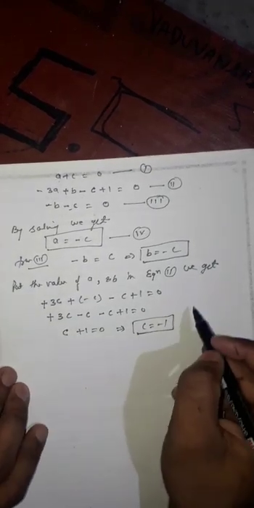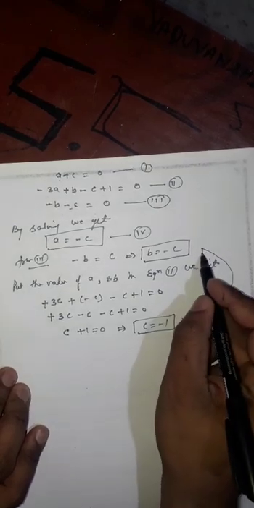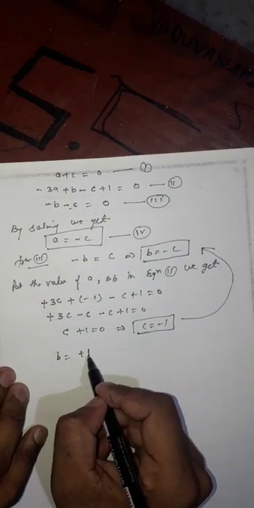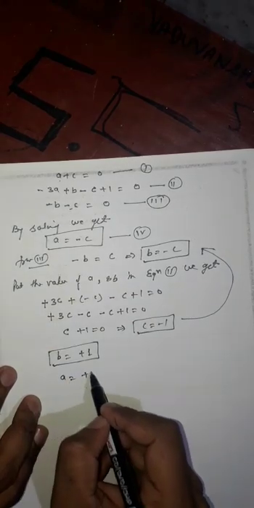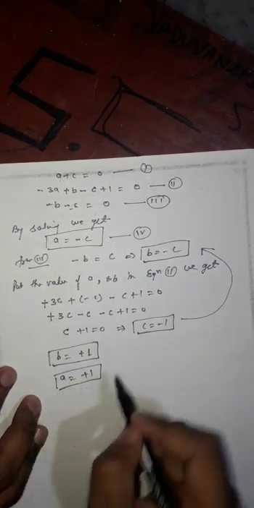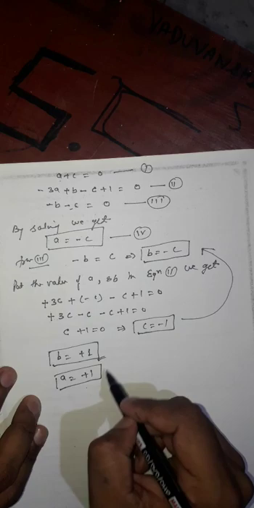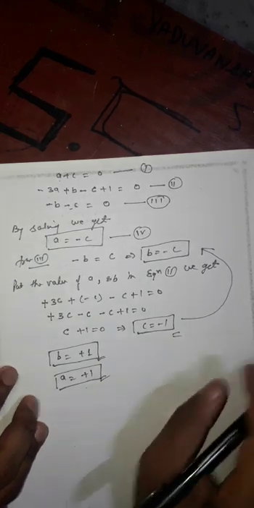Put the value of c: then b is equal to plus 1, and a is also plus 1. Now we have the values of a, b and c.